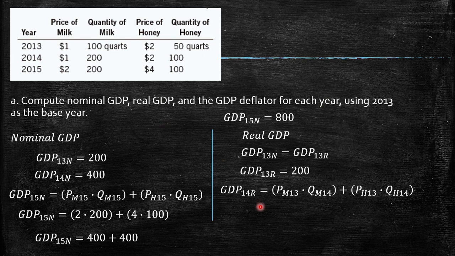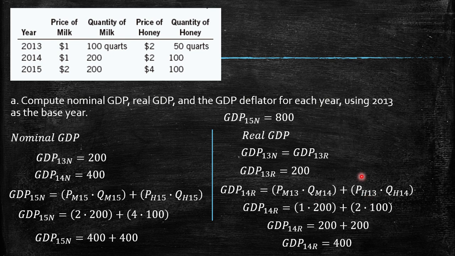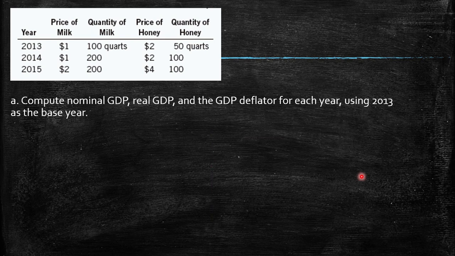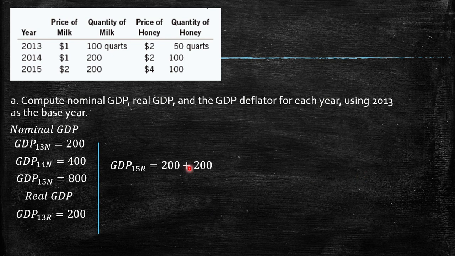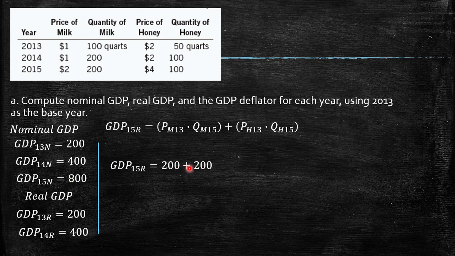Then for 14, this is the difference. Instead of computing with 2014 prices, you use 2013 prices for honey and milk. So we have 1 and 2, and then we end up with 400. Sorry, then now we move with the 15.